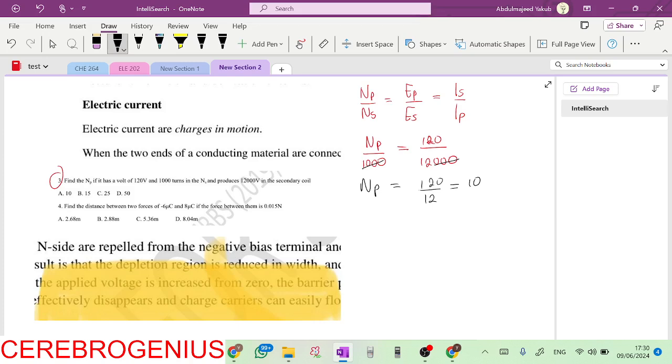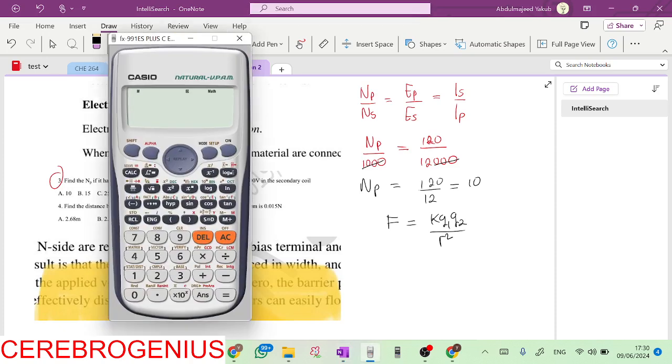So number 4 says find the distance between two charges, -6 microcoulomb and 8 microcoulomb, and the force between them is 0.015. So we know that the formula to use is the force between two charges, k Q1 Q2 divided by r squared. So let's see.